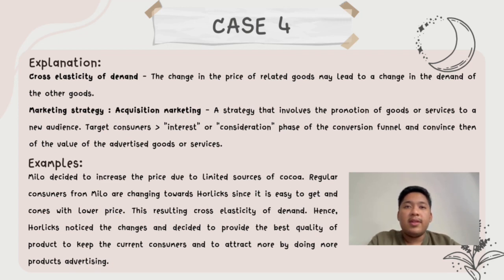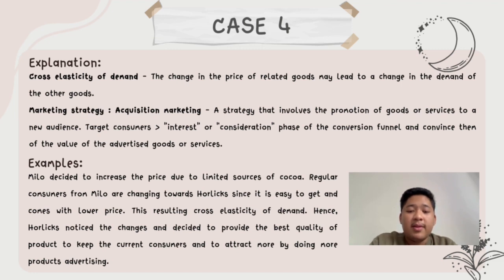Hence, Horlicks noticed the changes and decided to provide the best quality of product to keep the current consumers and to attract more by doing more product advertising. And I'm going to answer the question. I work as a marketing analyst for a coffee chain, and I have noticed that when the price of tea increases, the quantity demanded for coffee also increases.